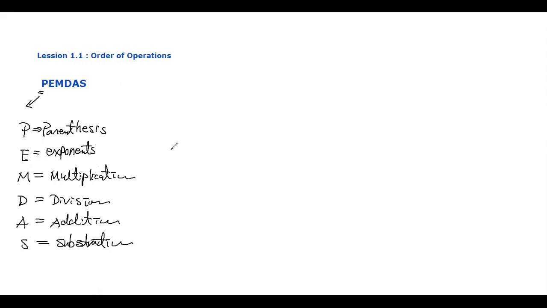So when we do this, we need to follow the order. For example, later we can do a lot more examples. If I have 3 plus 2 times 4 squared, minus 5, what do we need to do first?